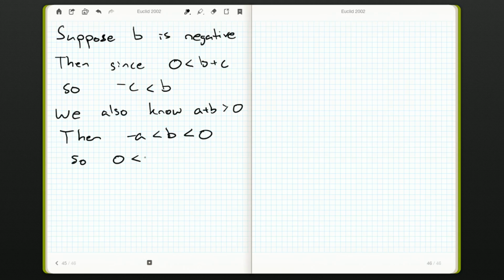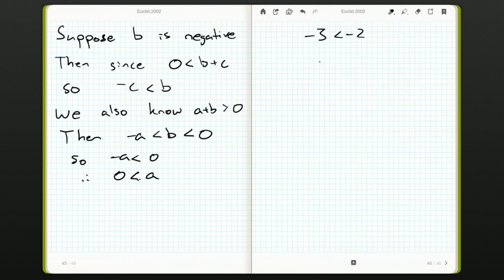So negative A is less than 0. And when you multiply by negative 1, you switch the sign around. Negative 3 is less than negative 2. Multiplying by negative 1, we don't have this, we've got this.